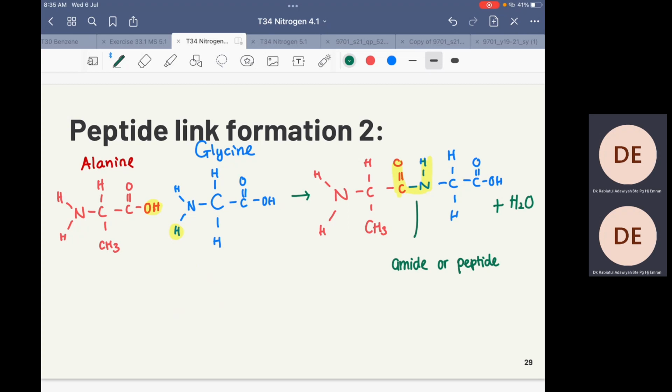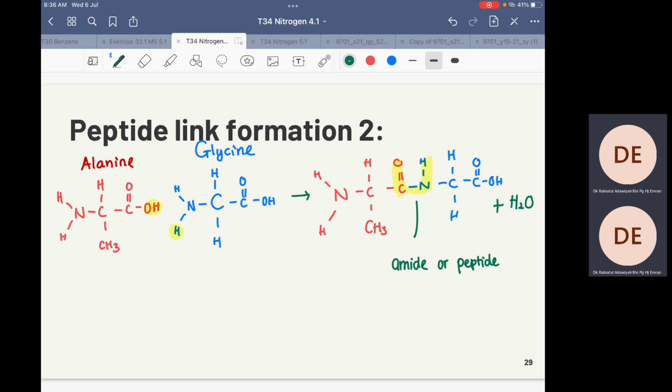So when you have a lot of amino acids forming amide bonds or peptide bonds, we call it a polypeptide. We won't be looking at polypeptide, but we will be looking at the polymerization of the formation of amide bonds. So proteins are made up of peptide chains and may contain over 100,000 amino acids. They have a very high molecular mass and are more complex in structure than polypeptides.